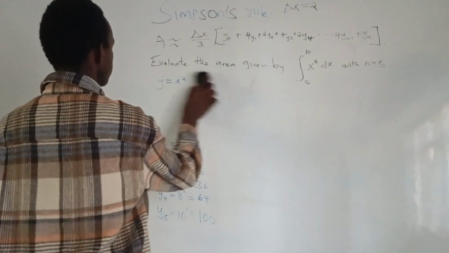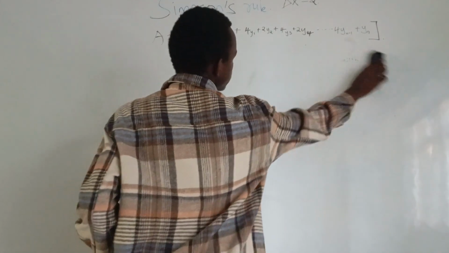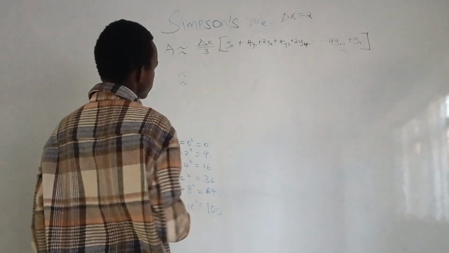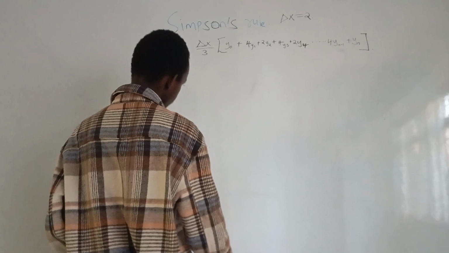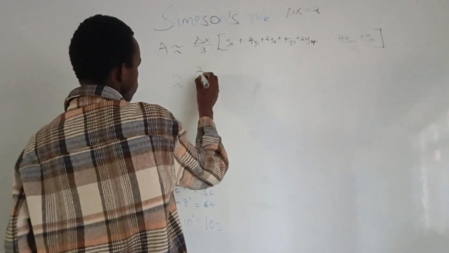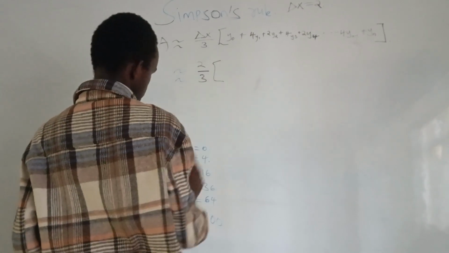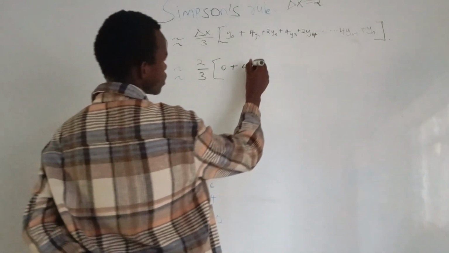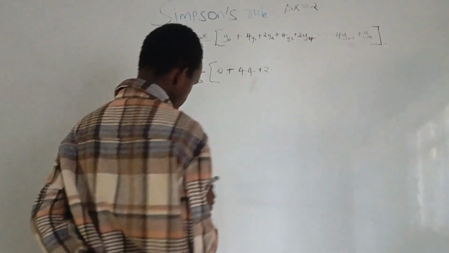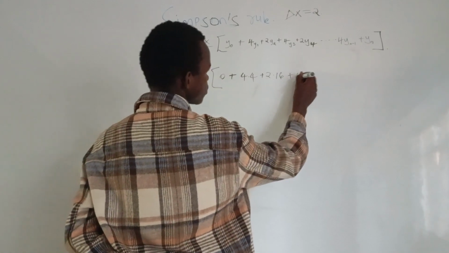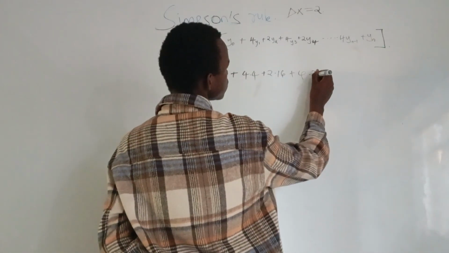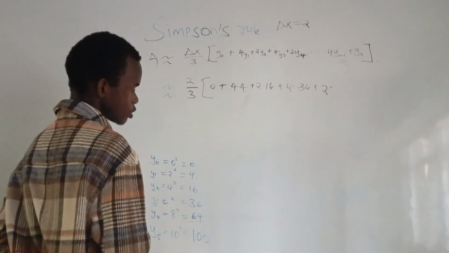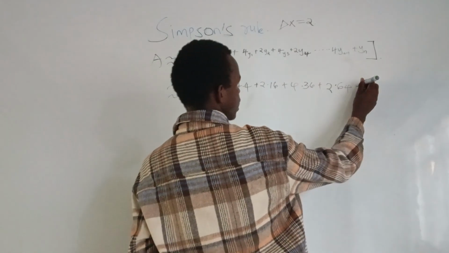Having the values, my approximate area will be delta x, which is 2, over 3 into y0 which is 0, plus 4 multiplied by y1 which is 4, plus 2 multiplied by 16, plus 4 multiplied by 36, plus 2 multiplied by 64, plus, now, this is the last term.